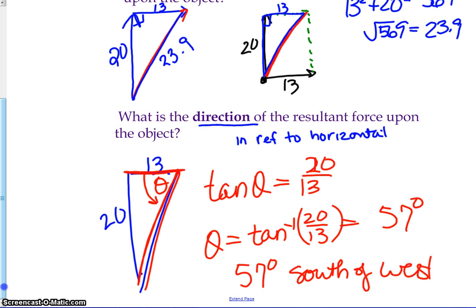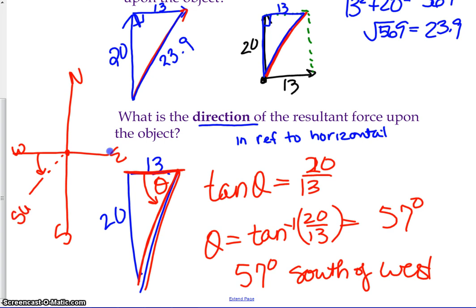All right? Meaning, if I have here my north, south, east, west, this one technically is going here. All right, it's kind of like where am I in the world? If I saw this is my 0, 0, it's saying here, and this would be, you could say south of west, or just southwest.